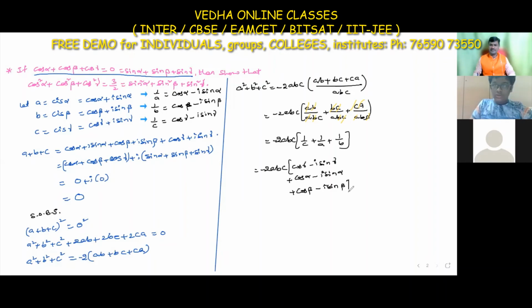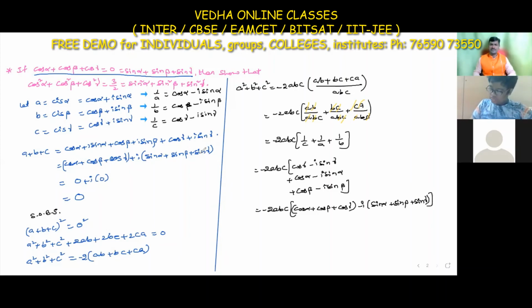So this equals minus 2ABC into, writing the real part separately and imaginary part separately, cos alpha plus cos beta plus cos gamma, minus i common, then minus i into sin alpha plus sin beta plus sin gamma.